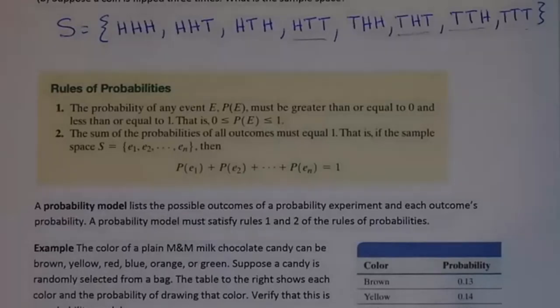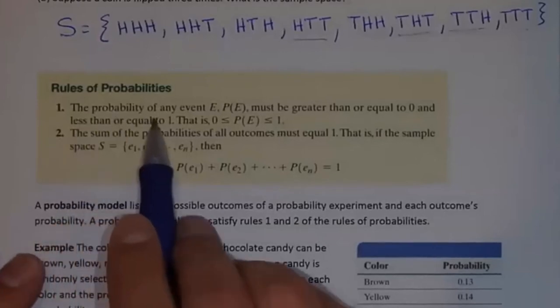So there's no such thing as a negative probability. So you can't have a probability of -1/2. And there's no such thing as a probability greater than 1. So there's no such thing as a probability of 1.2. Doesn't exist. Probability is always going to be a value between 0 and 1.